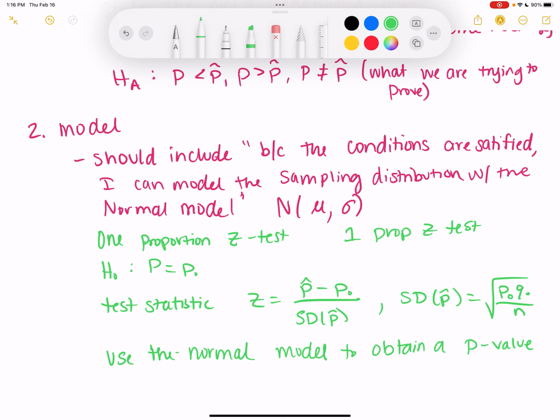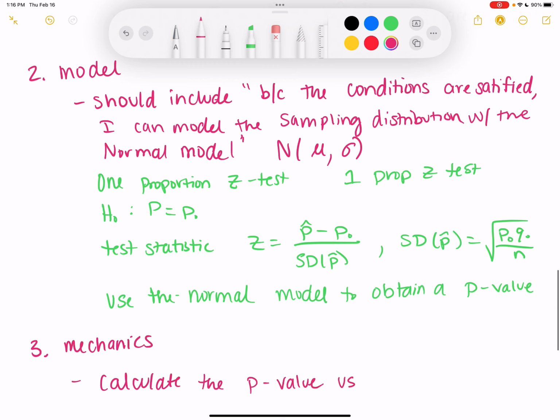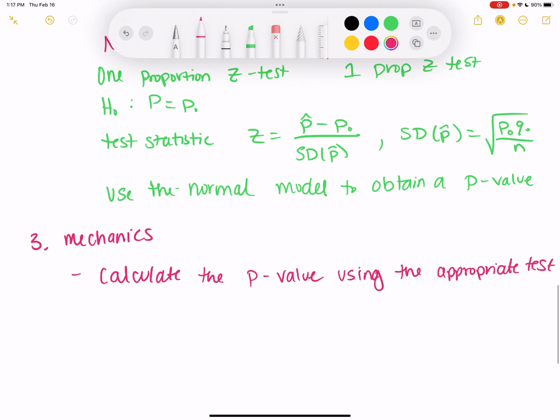And don't be too alarmed, your calculator does most of this for you. So then my next thing are the mechanics, which are to calculate the p-value using the appropriate test. And 4, we make a conclusion.